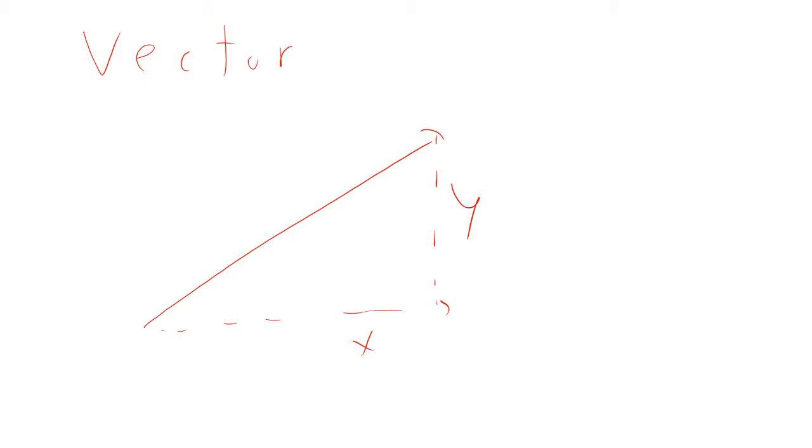And that's different than a scalar. A scalar, for example, would be something that just keeps track of one thing. So, an example of the difference here: a scalar would be 6 feet.